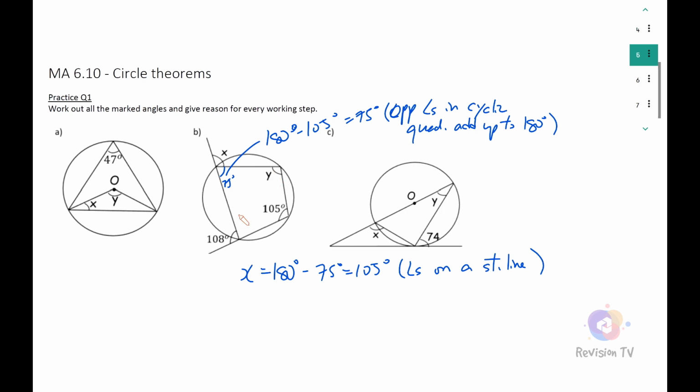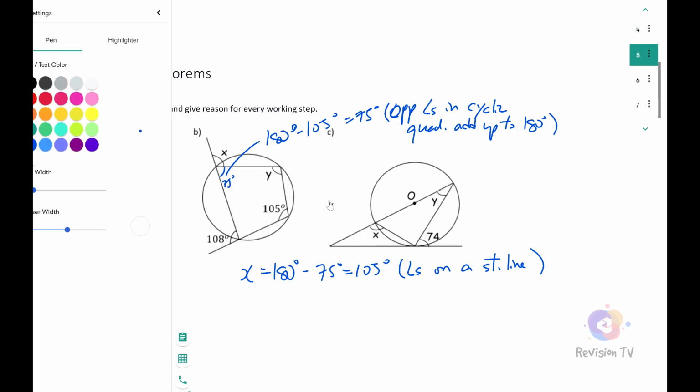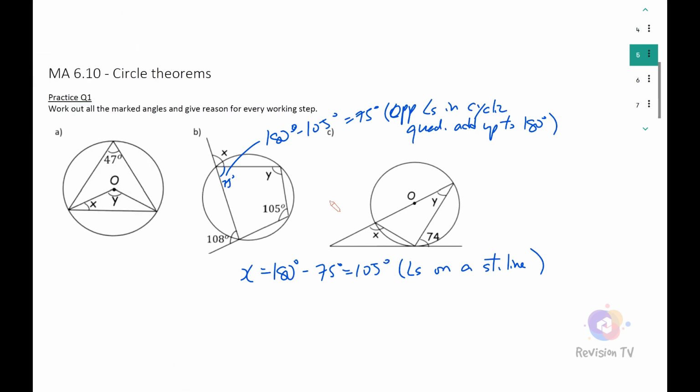Now for y, you will have to use the same thing, but this time the opposite way around. You will have to work from 180 degree. So let me use a different color for the y. So 180 minus 108 degree will be 72 degree. Again, the reason will be angles on a straight line. And then y plus that angle 72 degree will be 180.